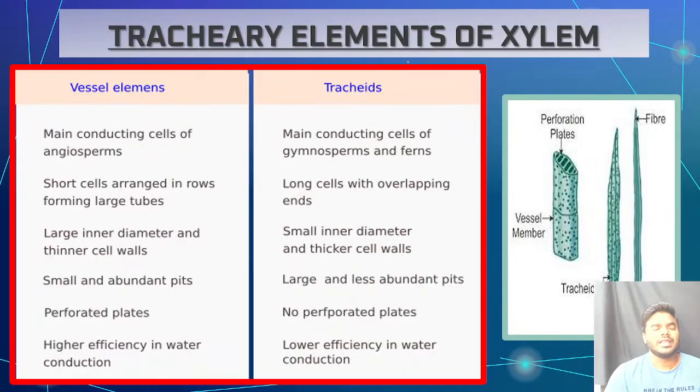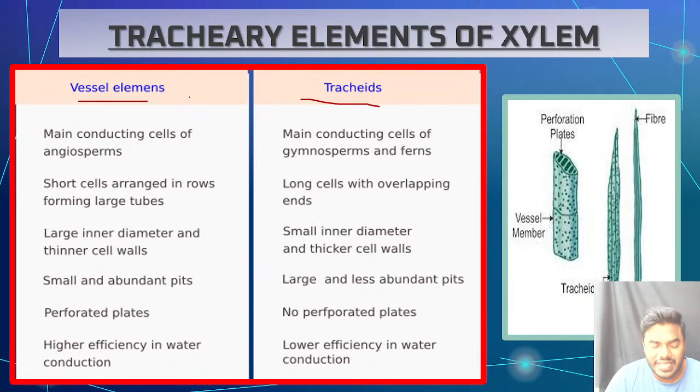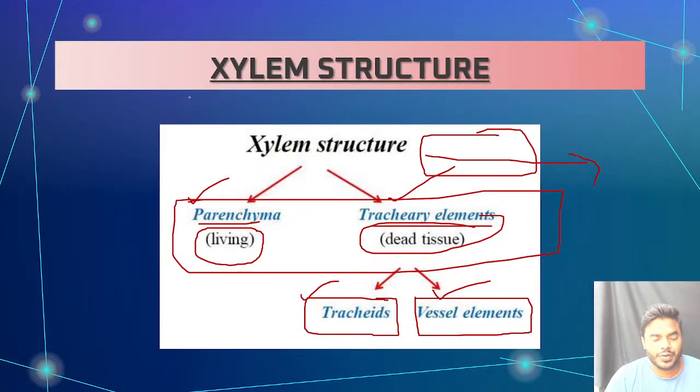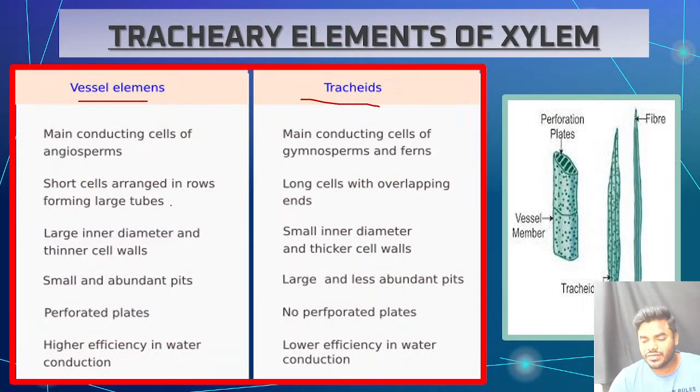Even friends, in the year 2017, 2019, 2015, 2014, even 2016, many times the question used to come from tracheids and vessel elements. So I want you people to remember every single difference between tracheids and vessel elements. It's very simple, friends.